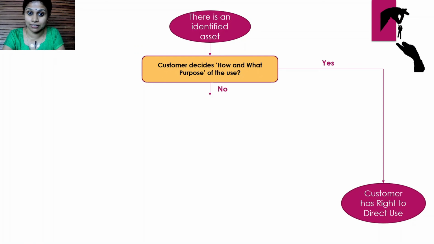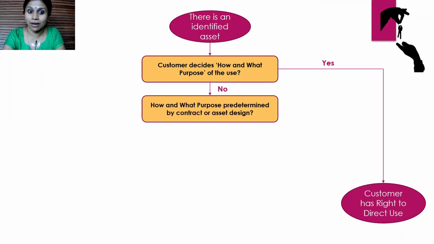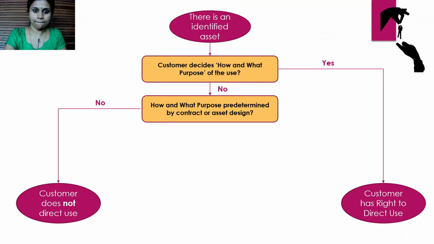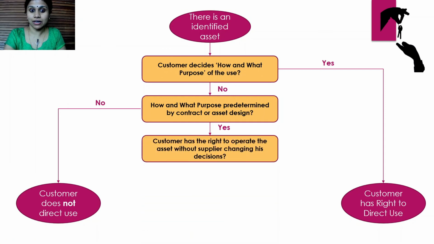If he does not decide it, then you check whether the how and what purpose of the asset has already been predetermined by contract or by design. If no, then the customer does not direct use. If yes, then you see whether the customer has the right to operate the asset without the supplier having the right to change those operating decisions.